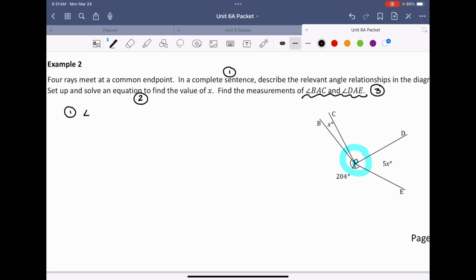Angle BAC, angle CAD, angle DAE, and last, angle BAE or EAB, they'd be the same thing, are angles on a point.